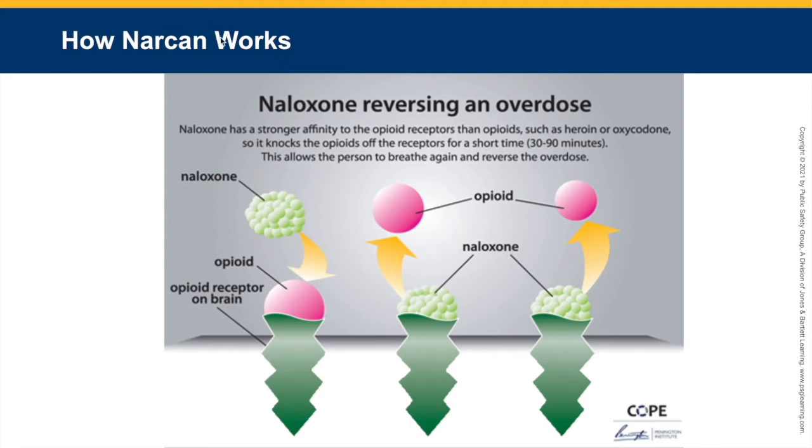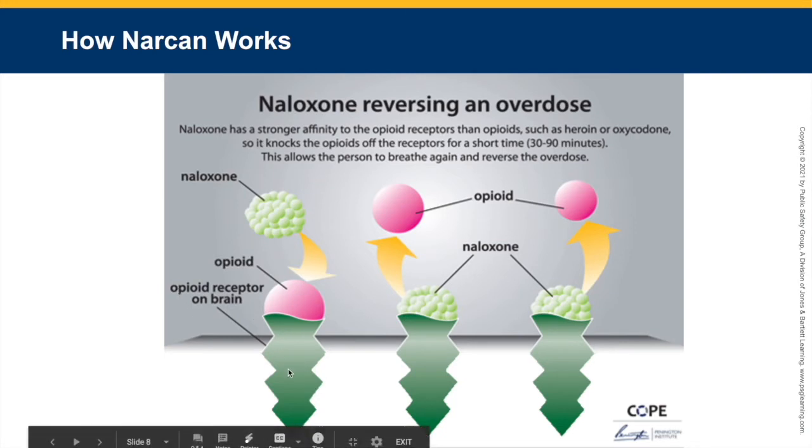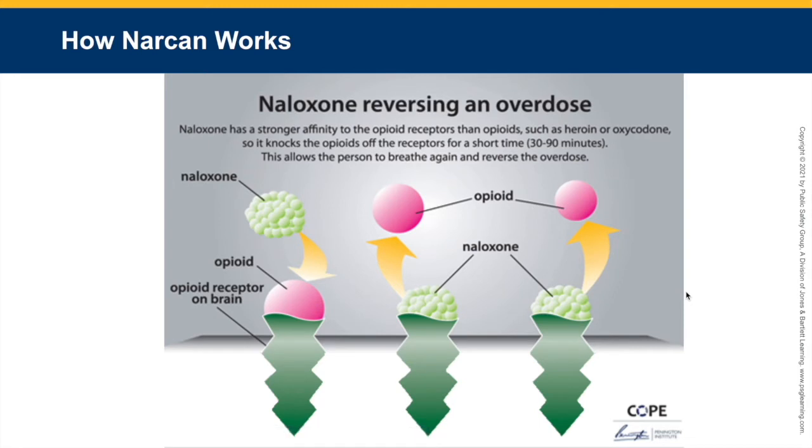It's basically a drug that reverses the effect of opioids. So whether it's heroin or Oxycontin or Percocets or any other opioid out there. All right, and I guess we'll talk about how opioids work first, right? Your brain has all these receptors, which are symbolized by these green lightning bolts here, which actually regulate your respiratory drive, okay?